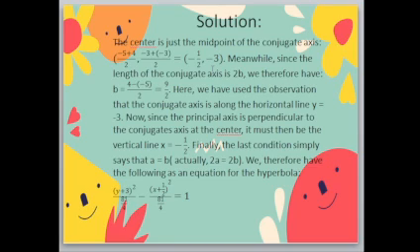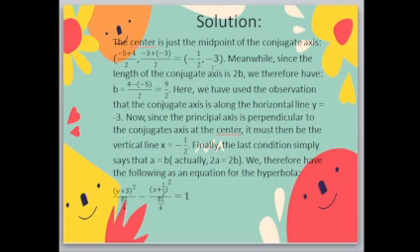It becomes 81 over 4 because our b is 9 over 2. So we square 9 over 2: 9 times 9 is 81 and 2 times 2 is 4. Since a and b are equal, they have the same denominator, that is 81 over 4.